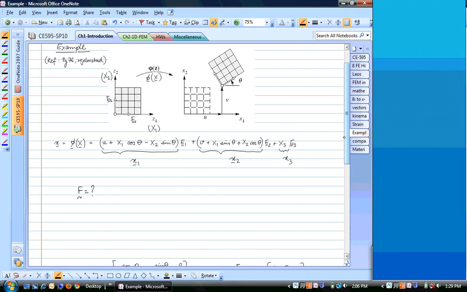Let's take another minute and then we can talk about it. So this is coming straight from the definition of F. Those of you who are done, you can turn it in. Yeah, U and V are just constant scalars.